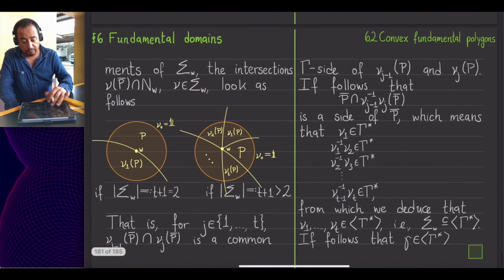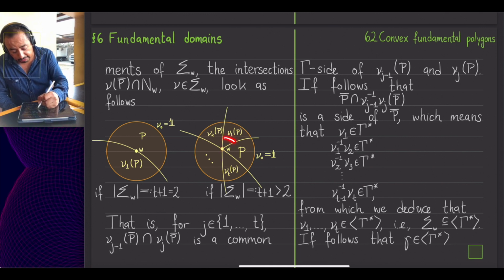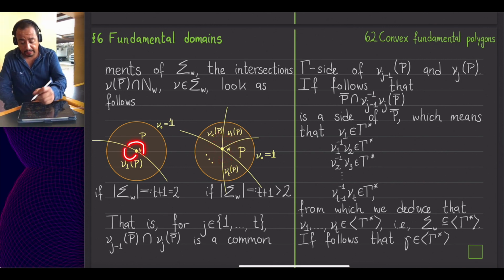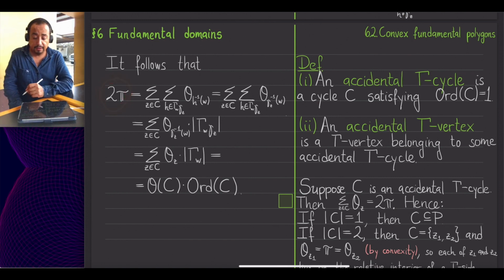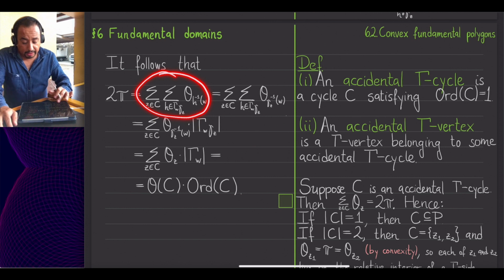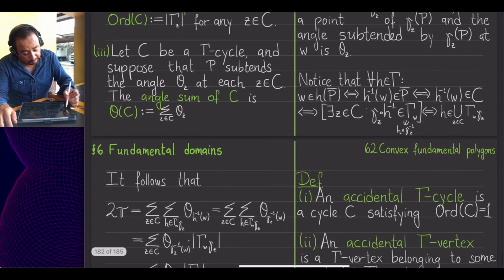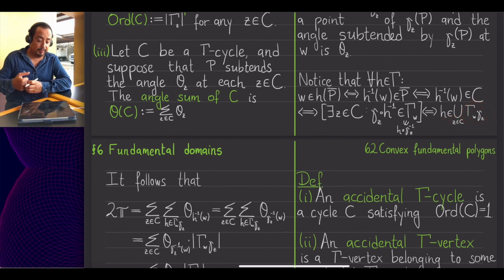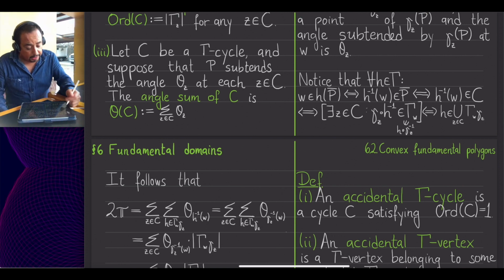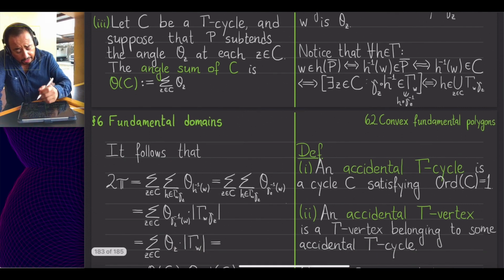So if you look here, the sum of all these angles is 2 pi, and even here. So it follows that 2 pi is the sum of all these angles. But these angles, which ones, right? You sum over the elements of C, and then over the elements here in the corresponding coset.